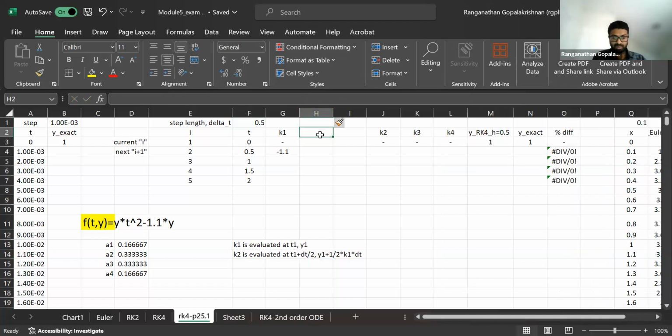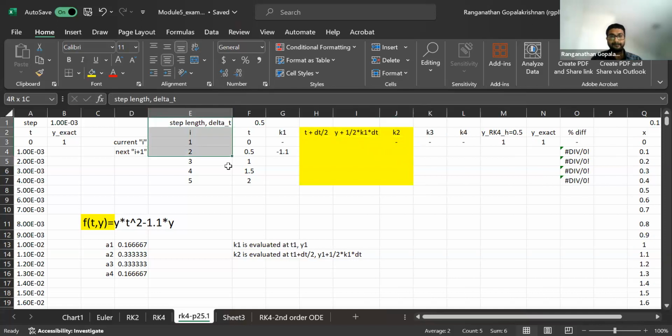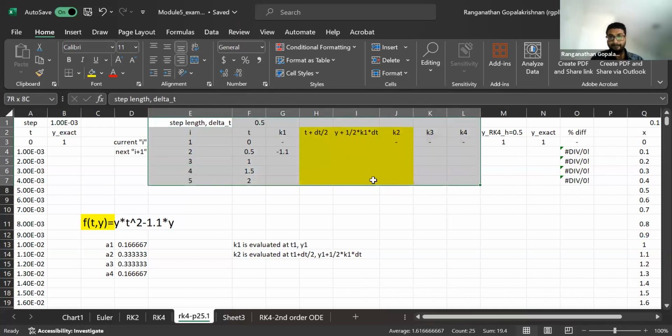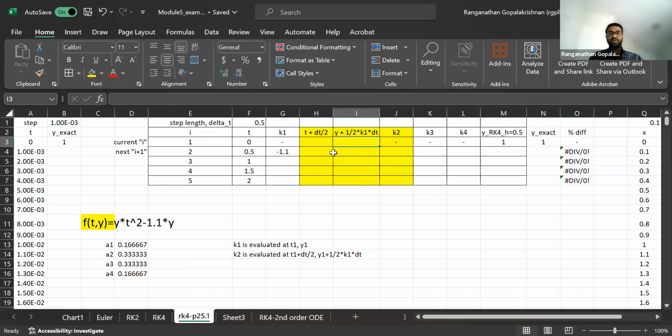I'm going to call them T plus dt over 2 and Y plus half K1 times dt. I'm adding two columns here. So these three, this is our focus now.